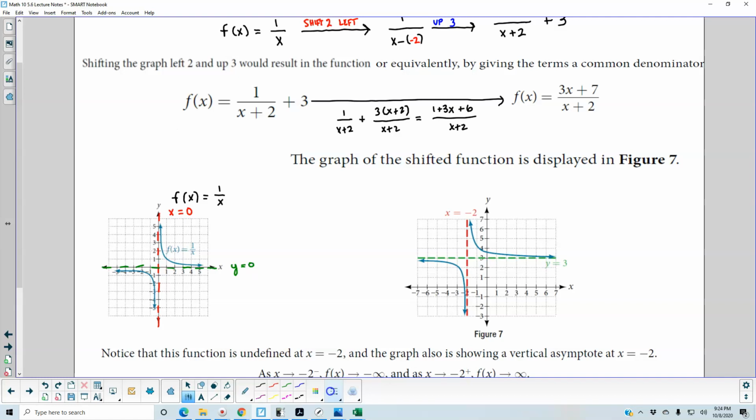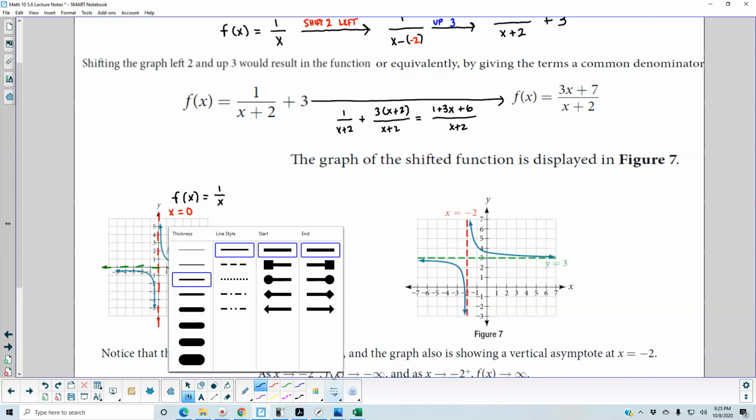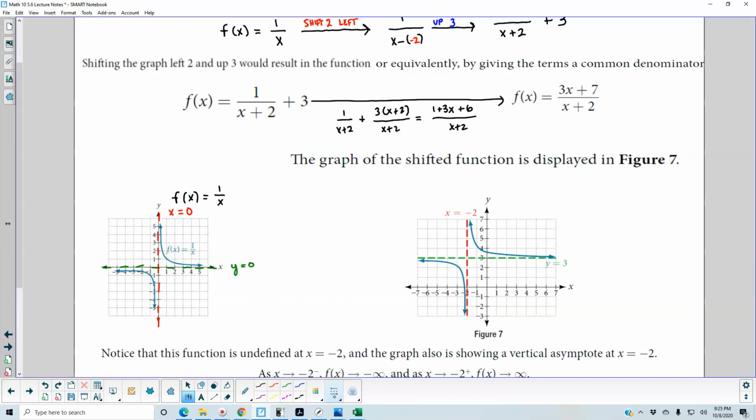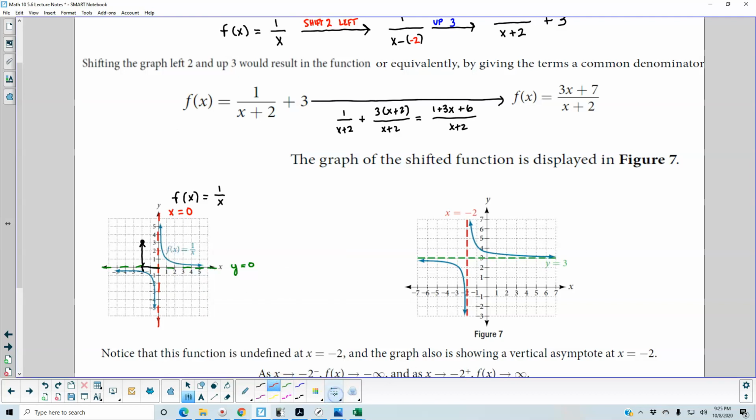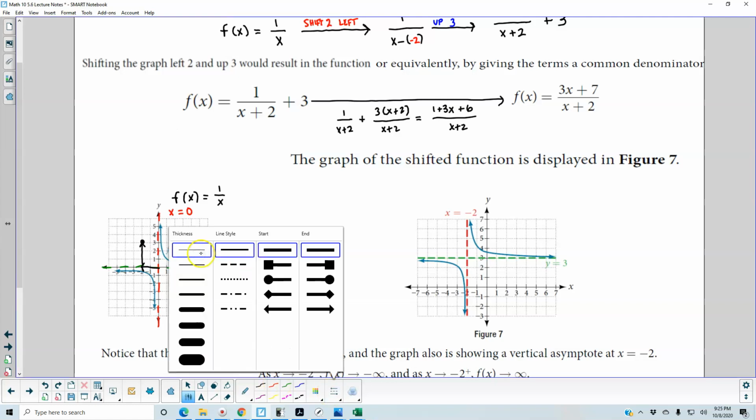So what it's saying here is that we are shifting it to the left 2 units. So that means our graph is moving over here 2 units, and then it's going to go up 3. So that's where we are going to find our new vertical and horizontal asymptotes.